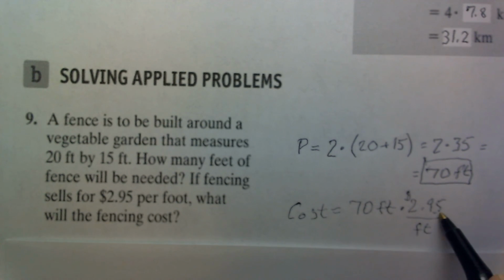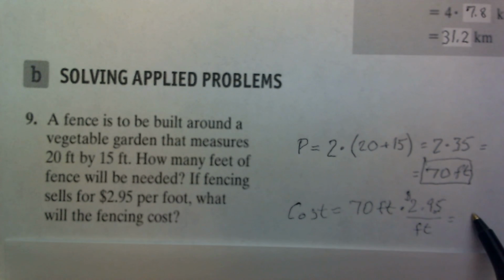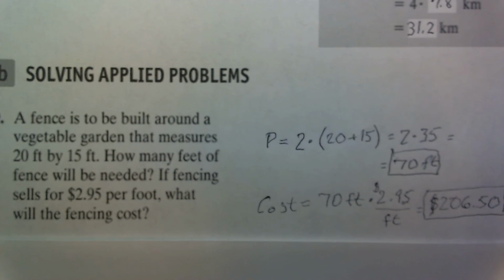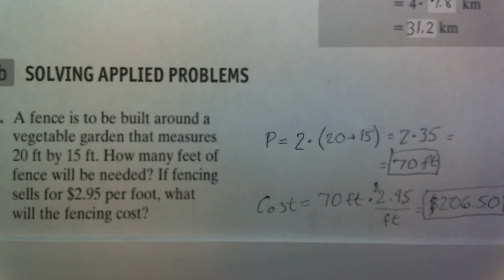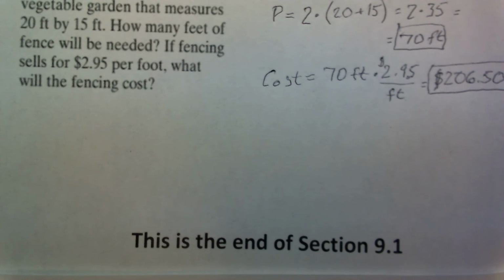So the feet cancel, and then 70 times 2.95 is equal to $206.50. And this is the end of section 9.1.